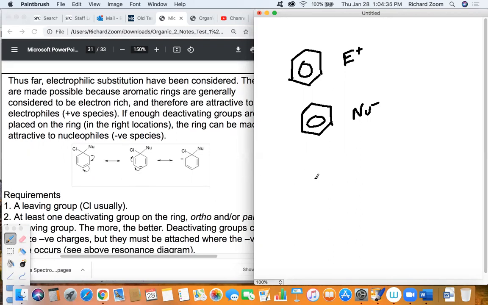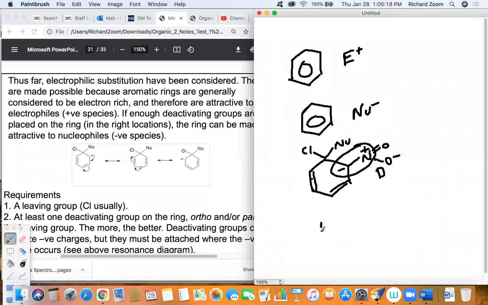So let's say, I'm going to go ahead and redraw these a little bit, if I had a nitro group in this position, you can see how that might be favorable, because now you've got the negative charge stabilized by the N+ on the nitro group. So as long as that's deactivating, then we can get a bit of stabilization here.